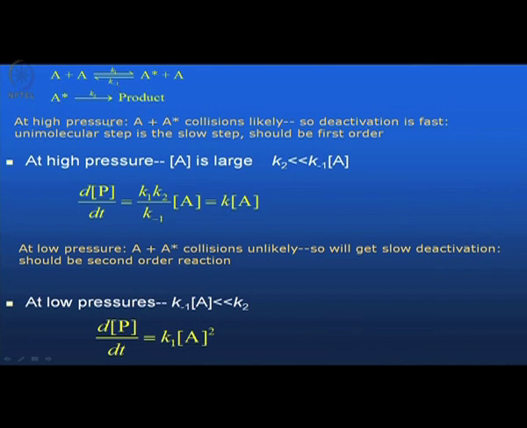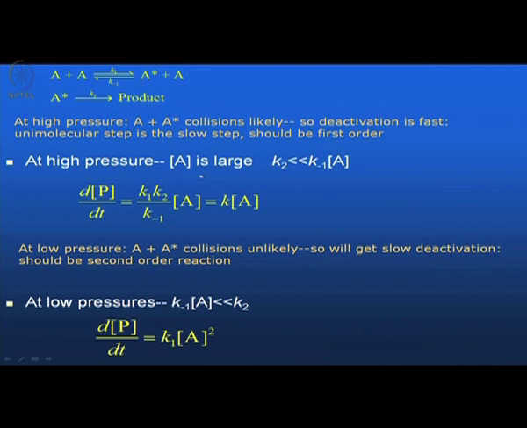A plus A gives rise to A star plus A with K1 and K minus 1, then A star gives rise to product. At high pressures, A plus A collisions are likely. So, deactivation is fast, and the unimolecular step is the slow step. So, this is the slowest step, because this other one is the fast one. The A plus A step under high pressure condition occurs very fast.